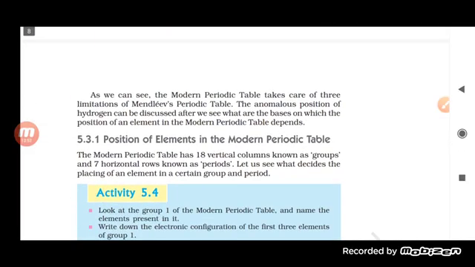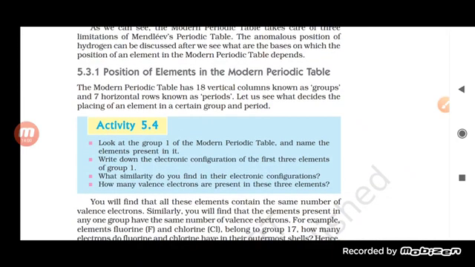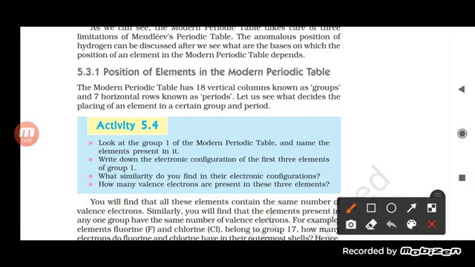Now moving on, we will see the position of the elements in the modern periodic table. As you can see here, it is written that in the modern periodic table, 18 vertical columns are known as groups, while 7 horizontal rows are called periods.